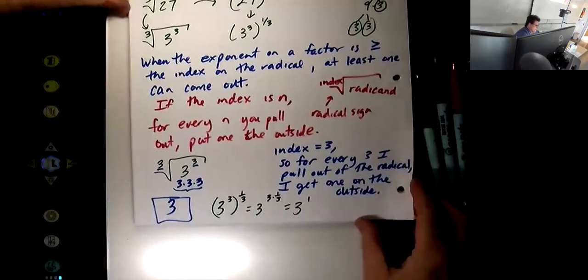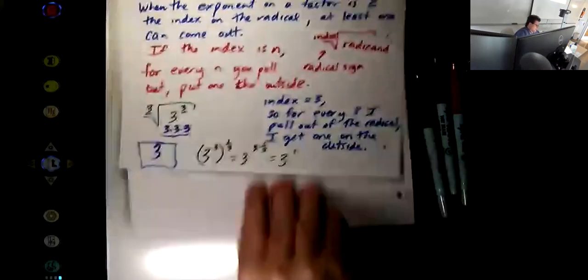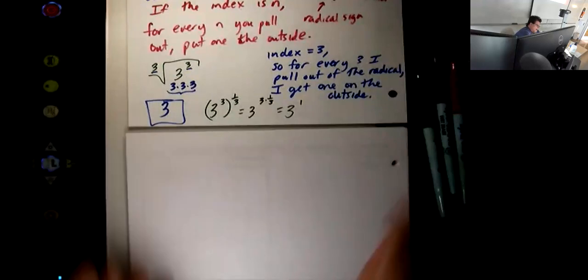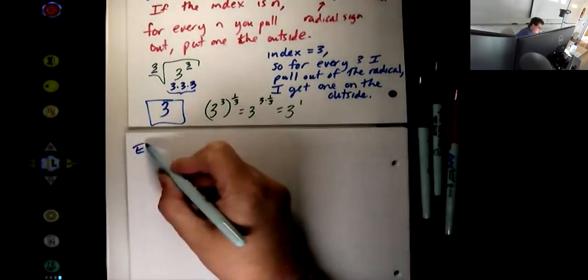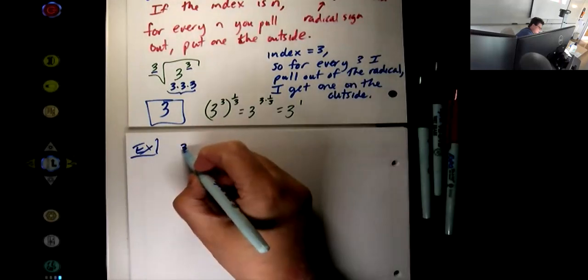Let's go a little bit further. I'm gonna use a cube root again. This next example is gonna have the cube root of 32.